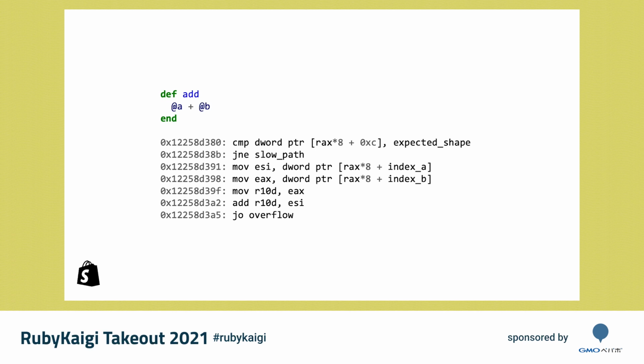We can see that the generated machine code reads the values from the object, having checked the shape, but it doesn't do any work here to untag or unbox. Unboxing is Java's version of untagging. It just uses them, right? So it reads from the object into ESI and EAX, which are two registers, and then it does an add operation on them, but it doesn't untag them.